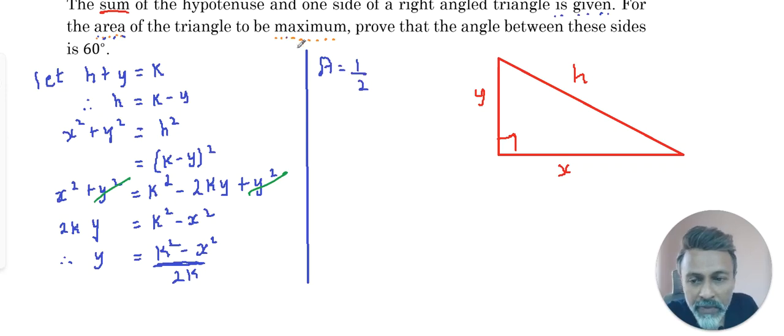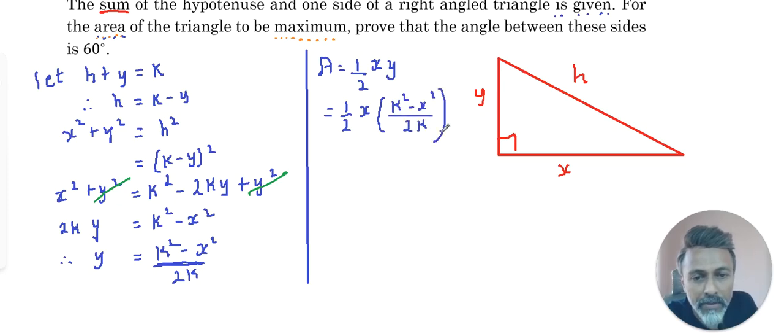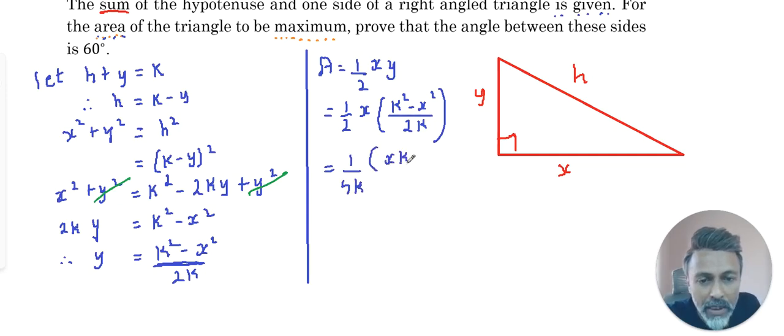So half into x into k square minus x square divided by 2k is equal to 1 upon 4k into k square x minus x cube. This is your area.